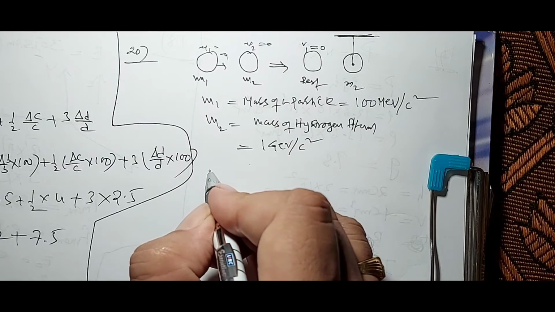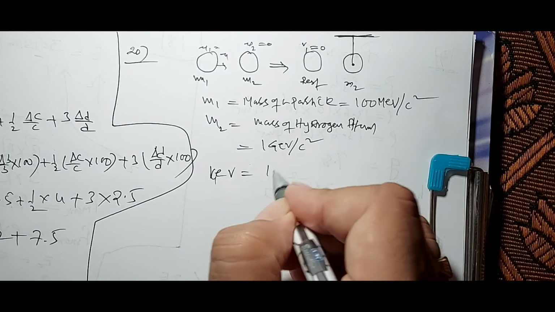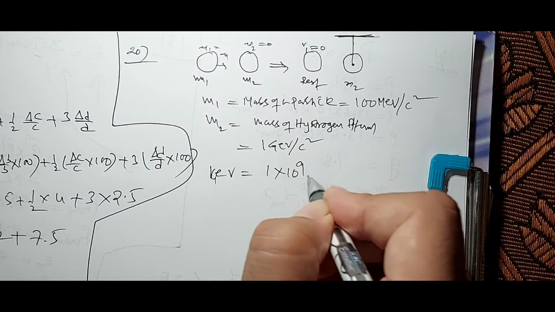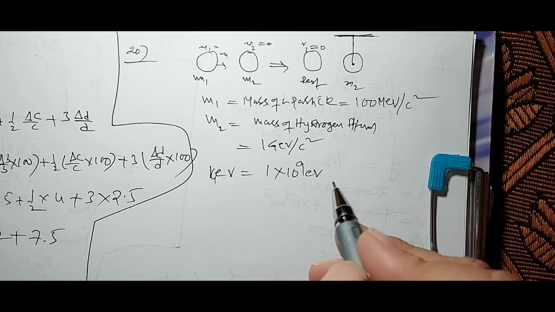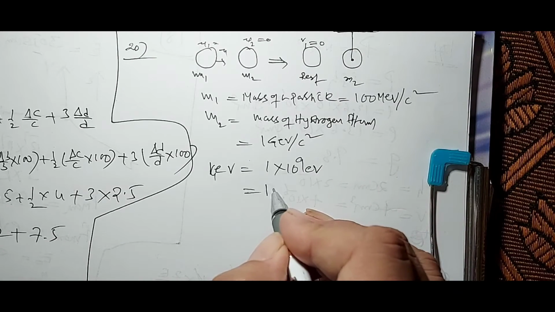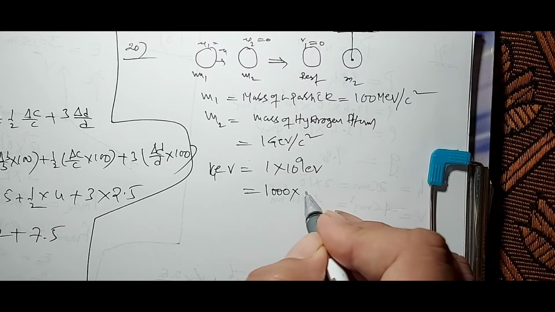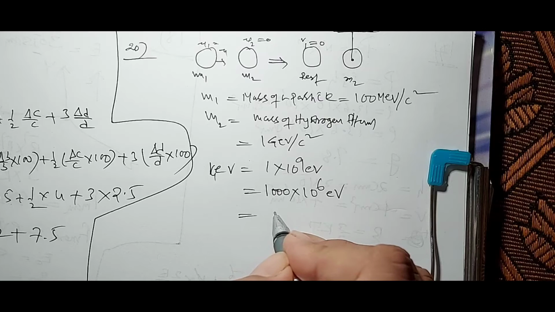So, here 1 giga electron volt is equal to 1 into 10 to the power of 9 electron volts. So, this can be written as 1000 into 10 to the power of 6 electron volts.